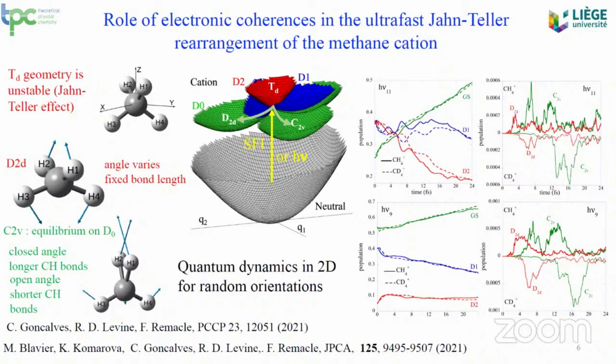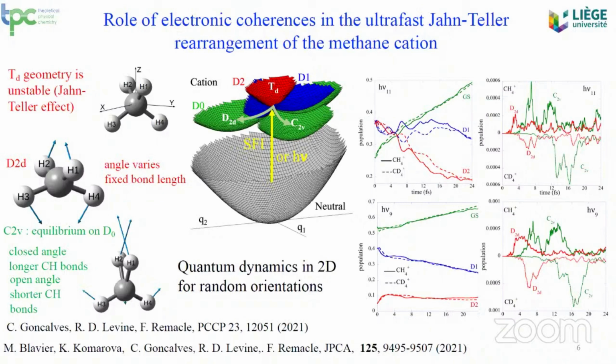And so you have a very fast structural rearrangement that is driven by non-adiabatic interaction between the 3 lowest electronic states of the cation, and that involves going through all kinds of distortion of the Td form to D2d to C2v.